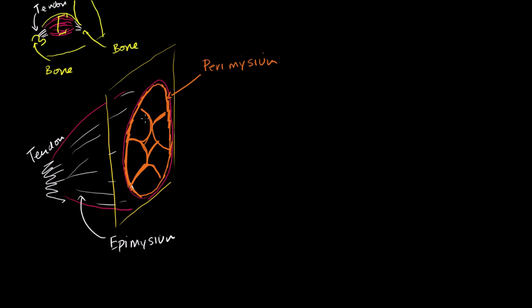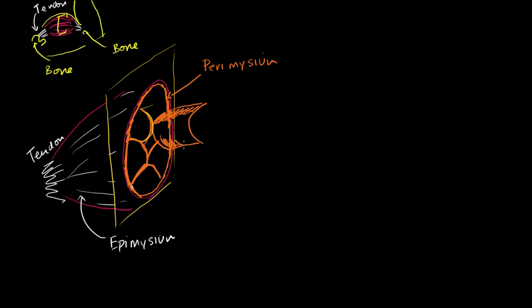And then each of these things that the perimysium is dividing off, let's say if we were to take one of these things and allow it to go a little bit further. Actually, let me do this one right here. If we were to pull this one out, just like that, you have the perimysium surrounding it, right?